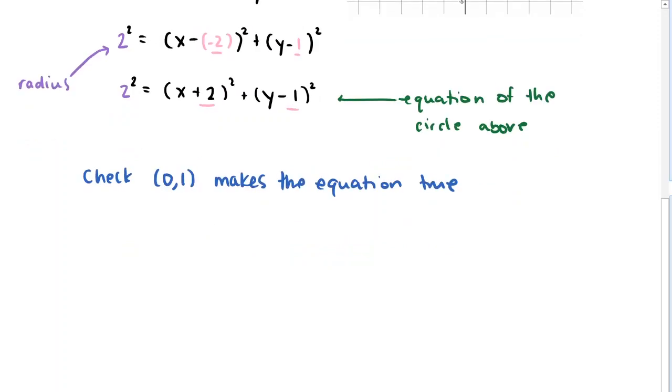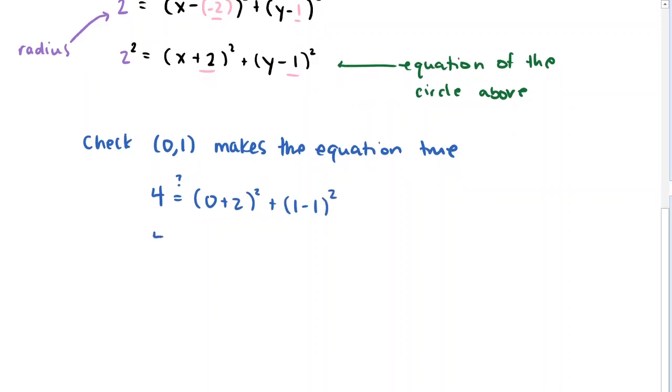So here we just want to check that 4 is going to come out to equal the right-hand side when we plug in 0 for x and 1 for y. So 0 plus 2 squared plus 1 minus 1 squared.